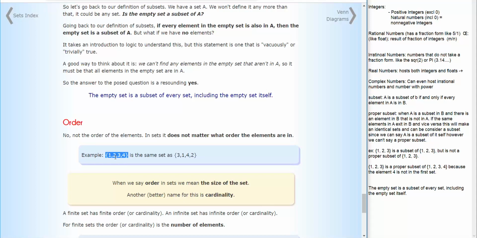Say A is the empty list and this is B. In the empty list, is there any element in A that doesn't exist in B? Given it's an empty list, by default, no. So A has no elements, and there isn't an element that doesn't exist in B. So you get the point? Nice.